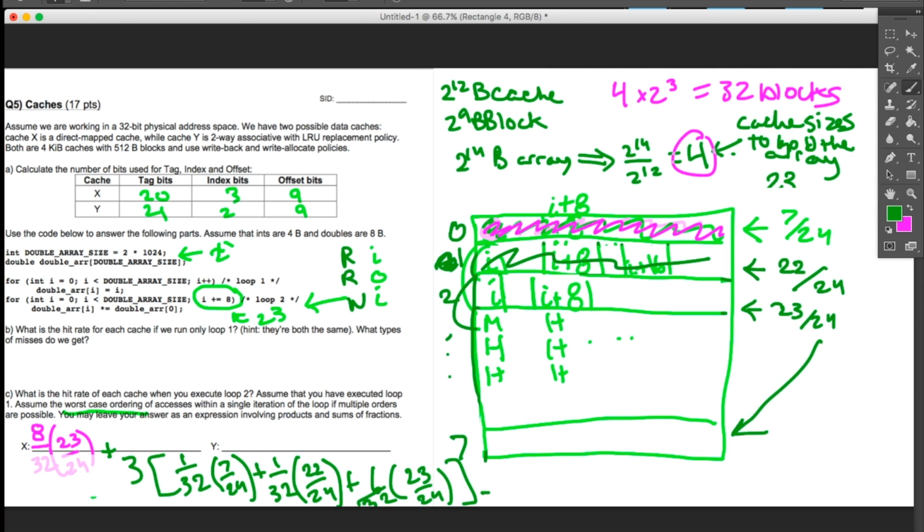So this simplifies down to 26 over 32 times 23 over 24, plus 3 over 32 times 7 over 24, plus 3 over 32 times 22 over 24.